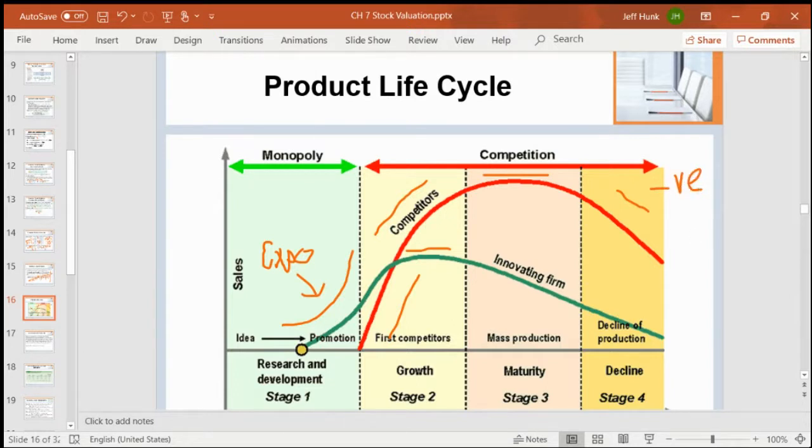Now, of course, as an investor, nobody will be interested in negative growth, any company that is in negative growth or zero growth, right? As a rational investor, you will be interested only in the fast growth phase.